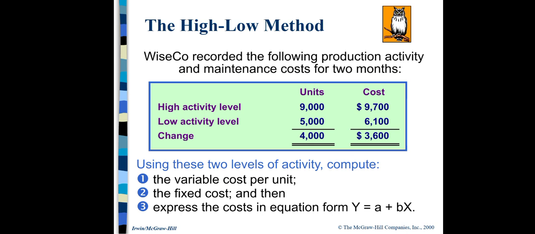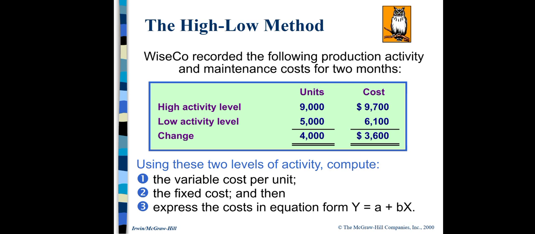And then next, the high-low method. The high-low method divides the change in cost for the highest and the lowest level of activity by the change in the units for the highest and lowest level of activity to estimate the variable and the fixed cost.